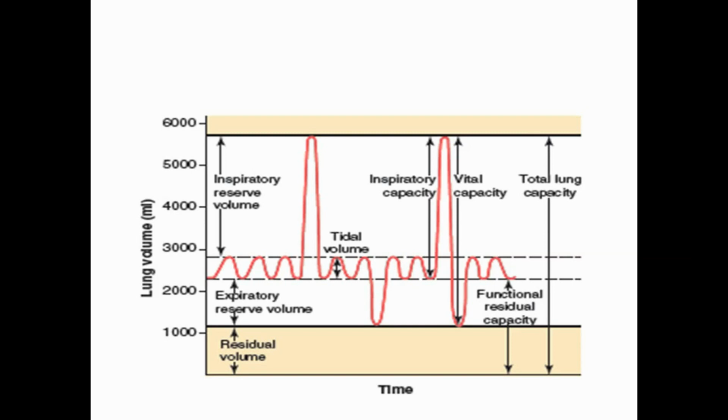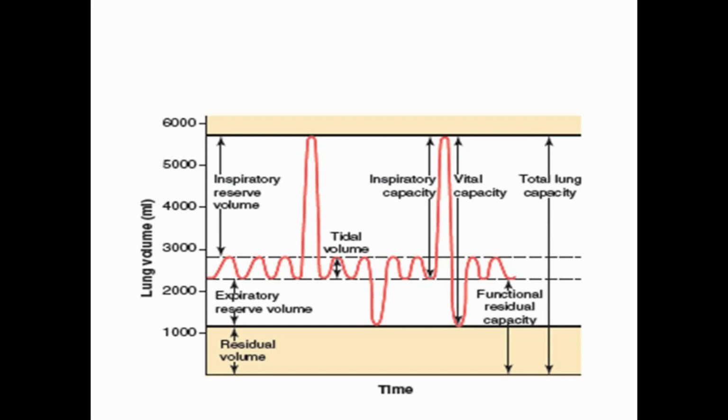During expiration only the expiratory reserve volume is going out from the lungs to the environment, but residual volume is still staying inside the lungs. That is why you can't call it the expiratory capacity, but you can call it functional residual capacity. So functional residual capacity is a combination of expiratory reserve volume plus residual volume.